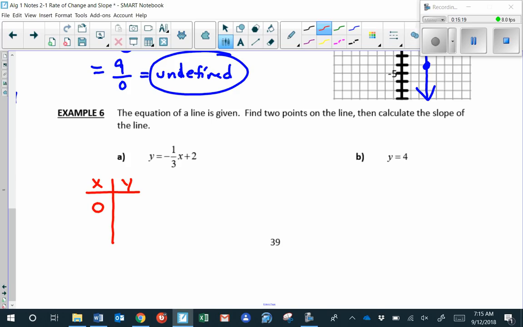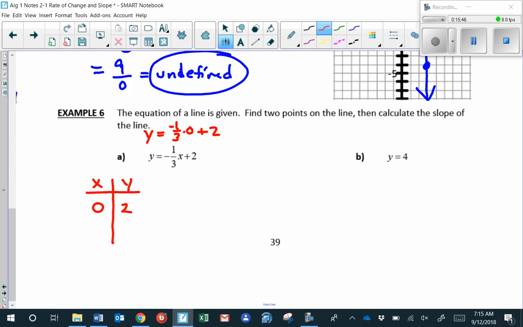One of my favorite x values to work with is 0. To get the y value, we're going to plug in 0 to this equation. So y is equal to negative 1/3 times 0 plus 2. Doing the computations, negative 1/3 times 0 is 0, plus 2 is 2.